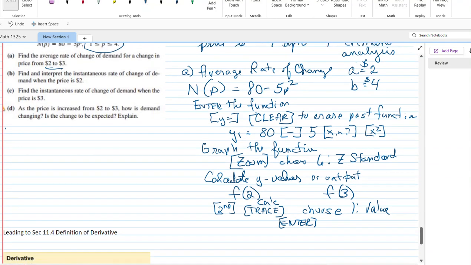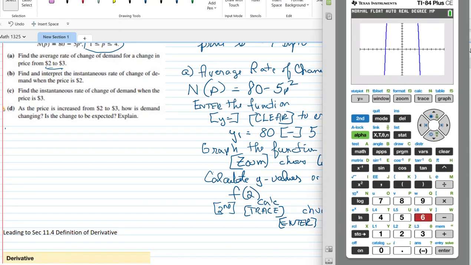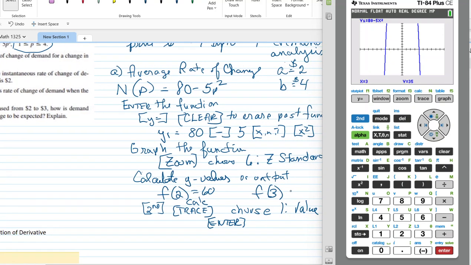So we're going to get our calculator, second trace, and value is 1, so I hit enter. Now I'm going to put the value 2, and I get 60. Then I'm going to enter 3, and I get 35. So I have the values of what they want us to get.